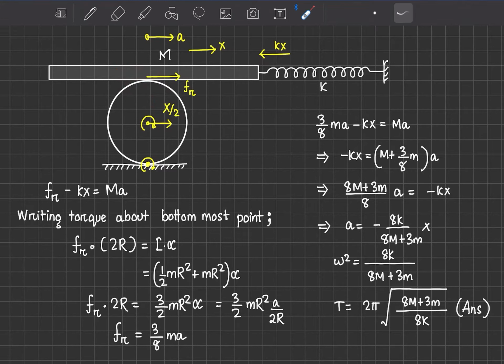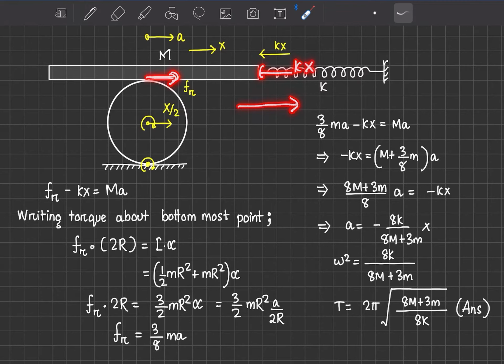So if we look at the contact point, we know that friction opposes the relative velocity, right? If the relative velocity of the rod is towards left, then friction on the rod must be towards right. So on the rod we have two forces. When we have displaced it to the right and released, there is a friction on the rod and there is the kx value here.